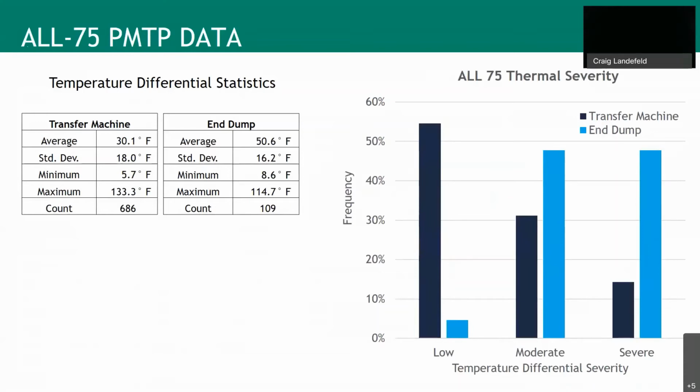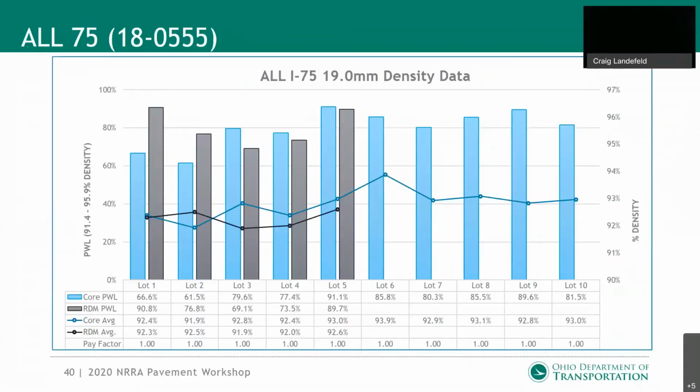And we come over here, and again, you might remember this graph from a little earlier when we were talking about the RDM, and we look at some of the data here, and we see that the cores and the RDM averages are relatively close to each other as far as how they tracked on average density.